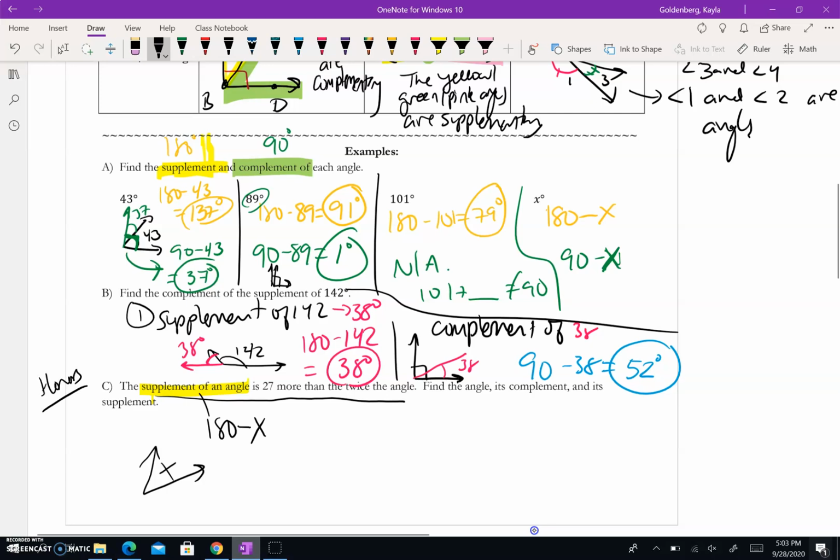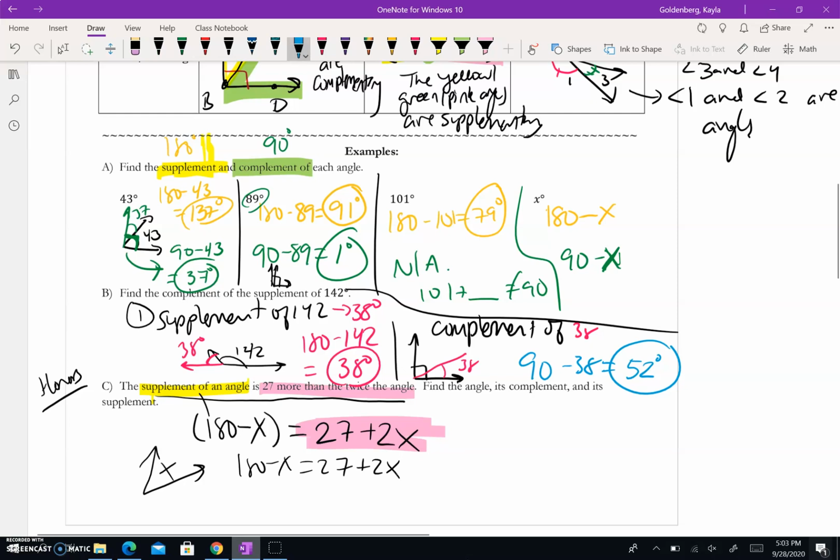And remember, this one is an honors level. The second part says the supplement of the angle is 27 more, so the supplement of the angle is equal to 27 bigger than something, 27 more than twice the angle. So I'm going to take twice the angle, double x, and add 27, and that's how big the supplement is. So if I want to solve this, I've got 180 minus x equals 2x plus 27.